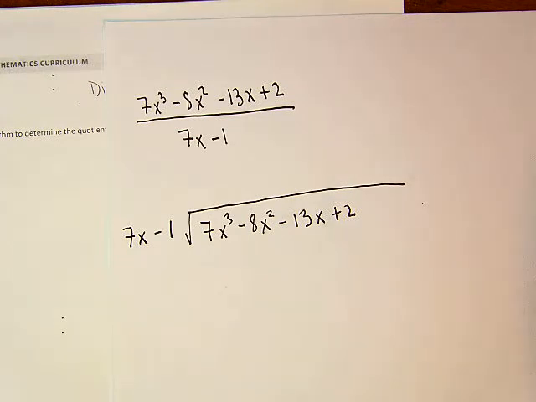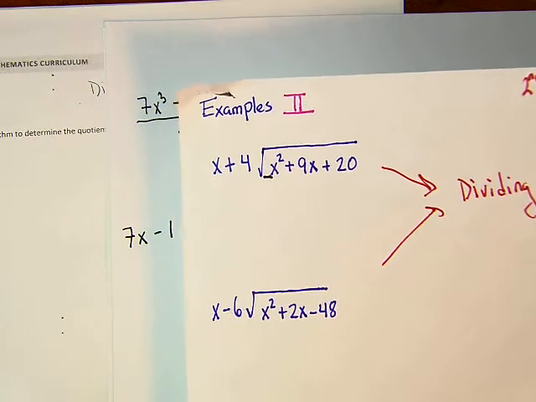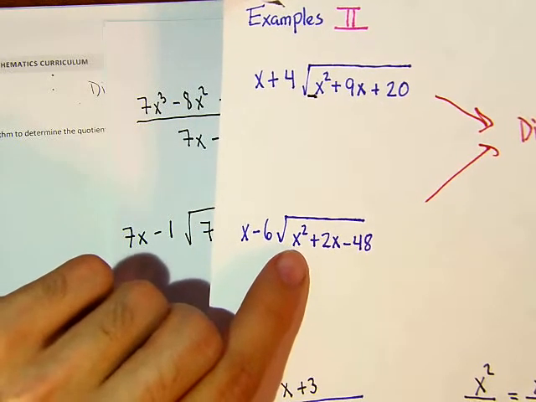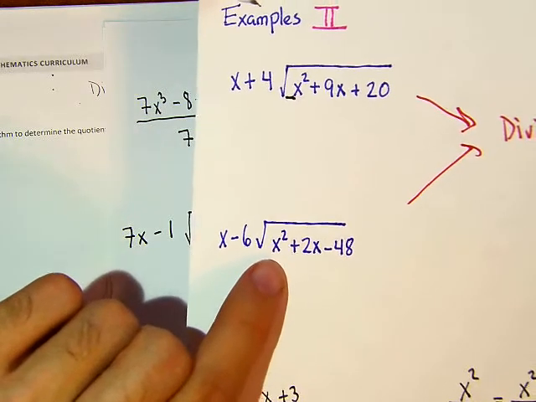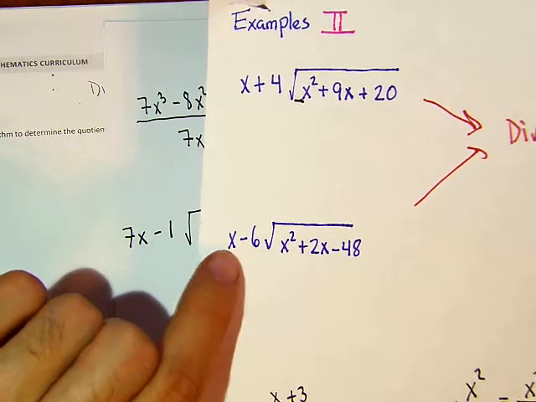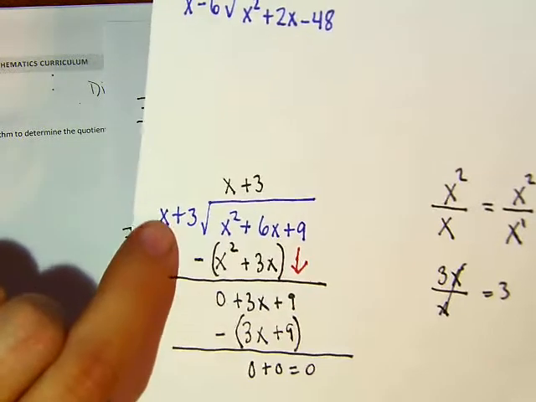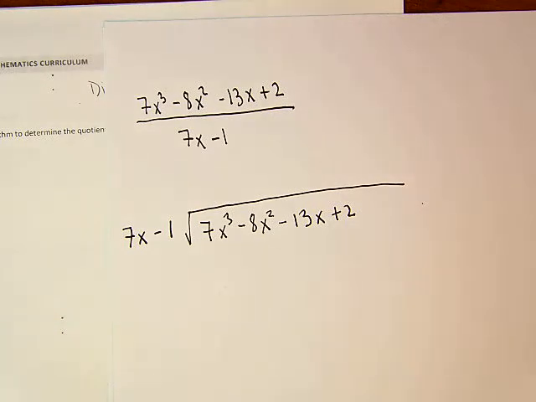The same rhythm that we had before is still going to exist. When we looked at this question, x squared plus 2x minus 48 divided by x minus 6, what was the first question you asked? How many times does x go into x squared? That was the rhythm. We're going to do the same exact thing over here.